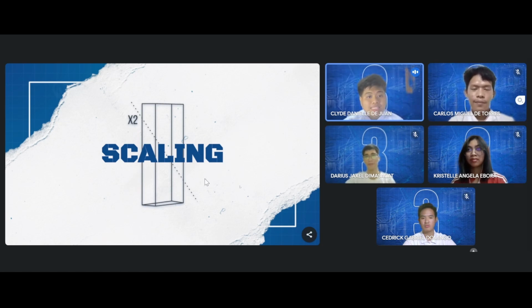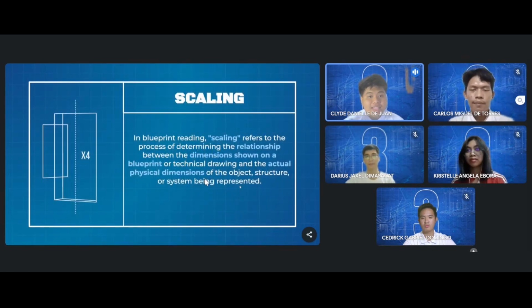So, what exactly is a scale? A scale is defined as the ratio of the drawing dimensions to the actual physical dimensions. It is often represented as a fraction or a ratio, such as 1 over 10, 1 is to 50, or 1 inch is equal to 10 feet.